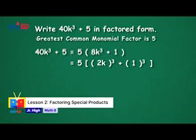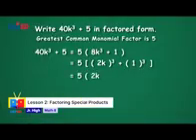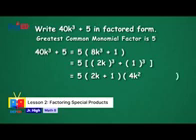Then the first term of the trinomial is the square of 2k. What is it? It is 4k squared. The next operation must be minus because we need the opposite of the previous one. After that, we multiply the terms of the binomial. 2k times 1 is 2k.